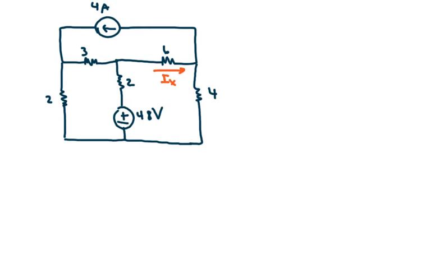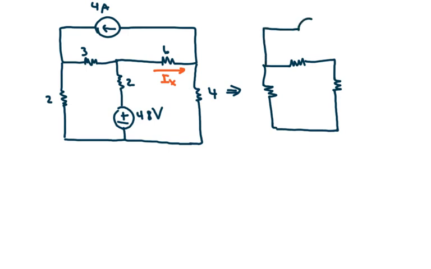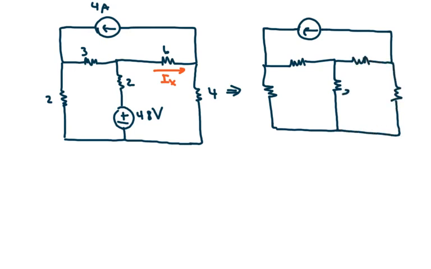So we're going to redraw this circuit without the 48 volt source, and instead replace it with a short circuit. Now we have 2, 4, 6, 4 amps, 3, 2.